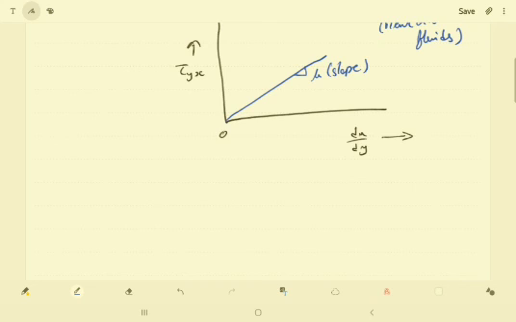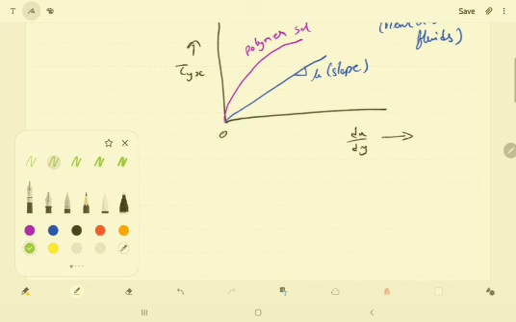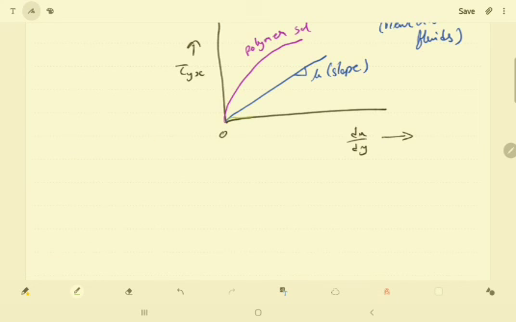Suppose for a polymeric flow, we have taken a polymeric solution. A polymer solution is also a type of liquid, so it's also a fluid. It will be in this shape for a polymer solution, and this shape is for colloidal solutions.